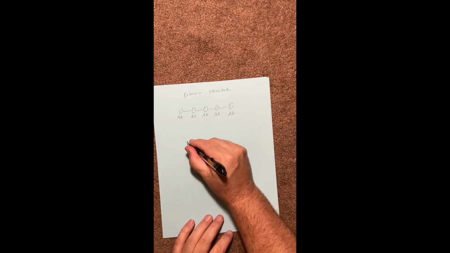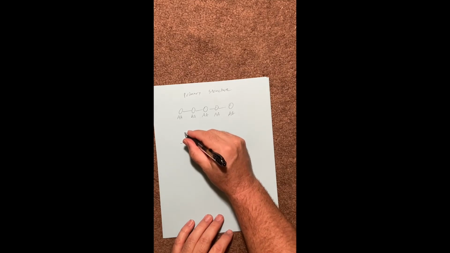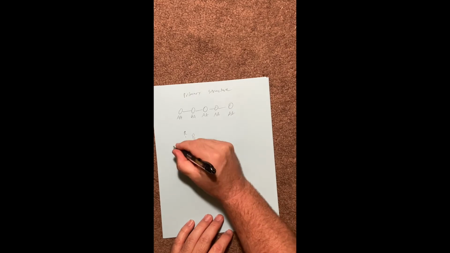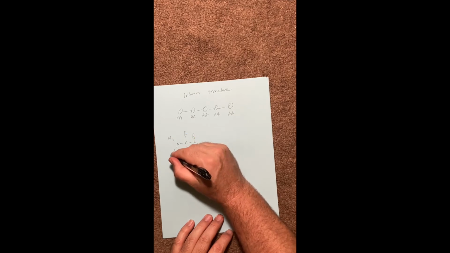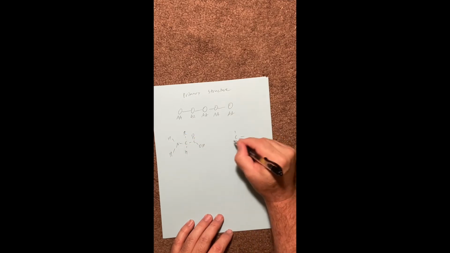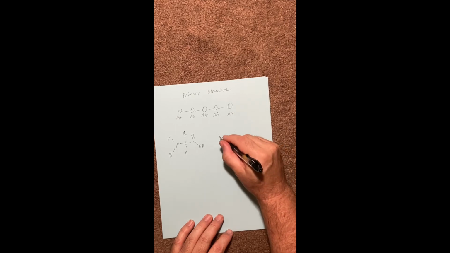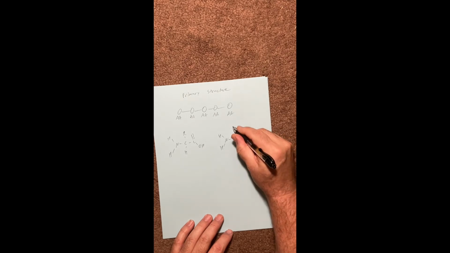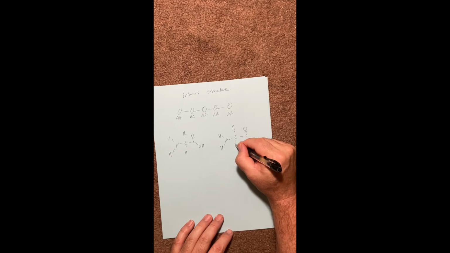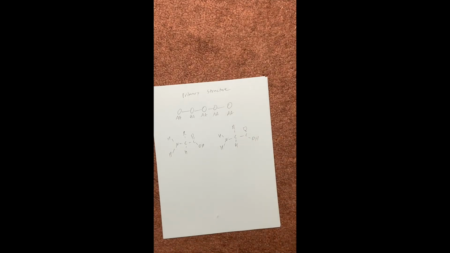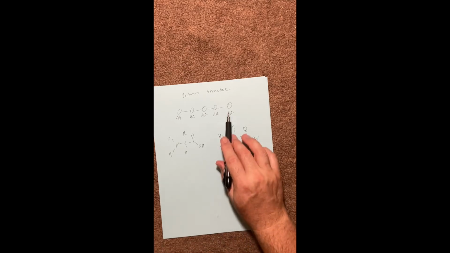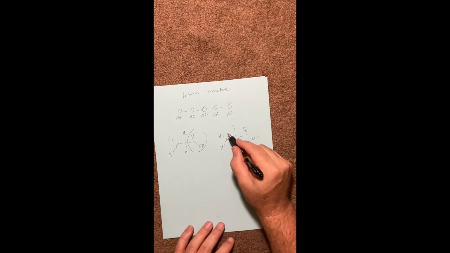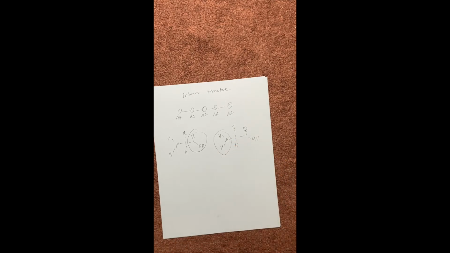Remember that our amino acids look like this. And as they bond together, they form their primary structure. The carboxyl group of one amino acid may interact with the amino group of another amino acid.